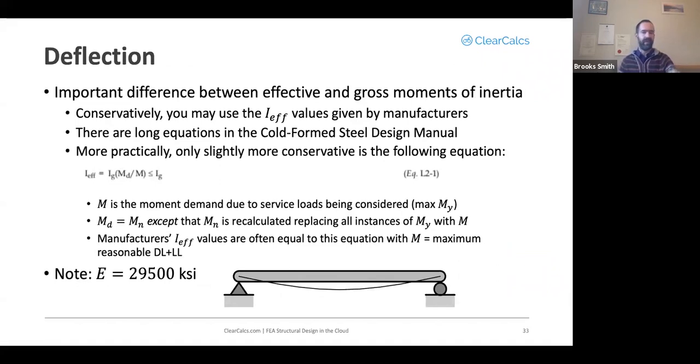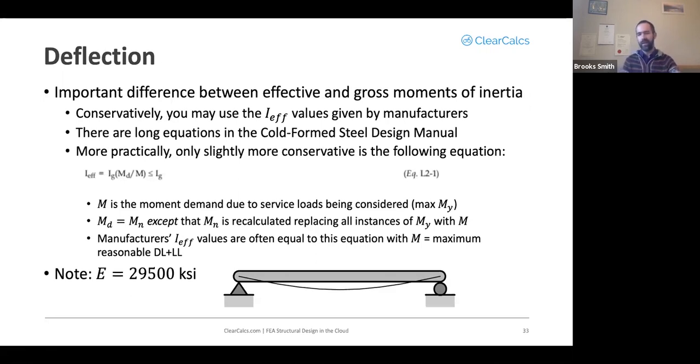Deflection, I mentioned, is slightly different for cold form steel. There's an important difference between the effective and the gross moments of inertia. Conservatively, you can always use the I effective values that are given by manufacturers in their literature. Most accurately, there are some long equations that you can make use of in the cold form steel design manual.